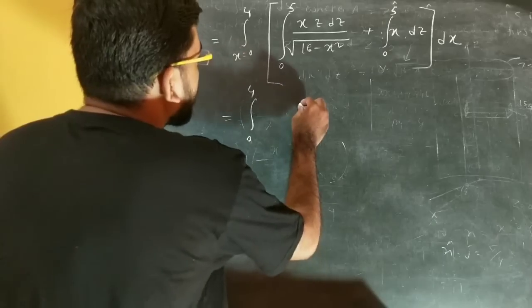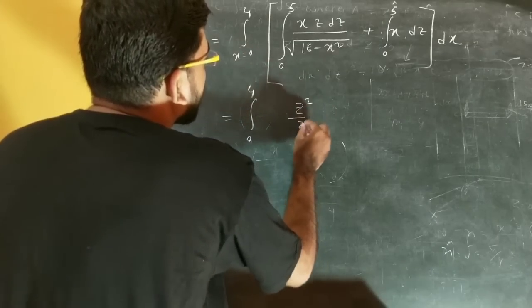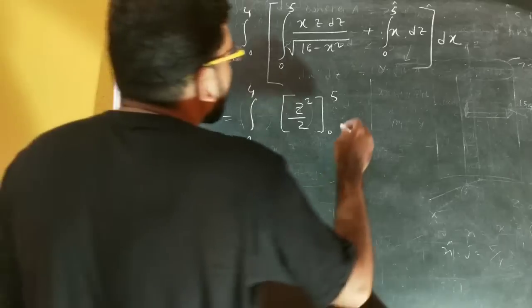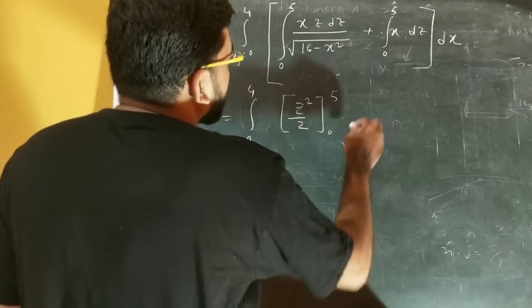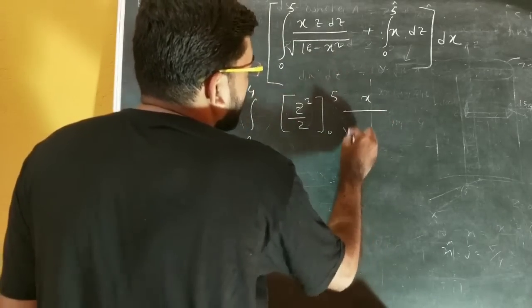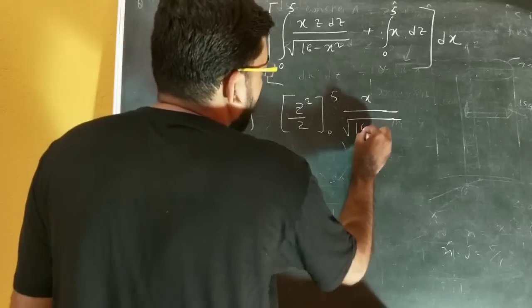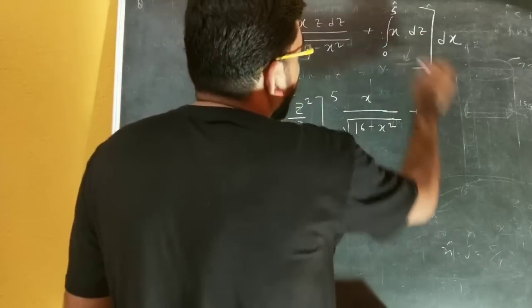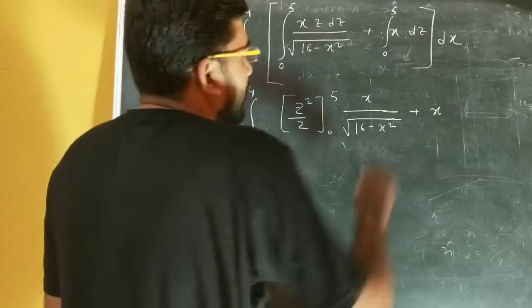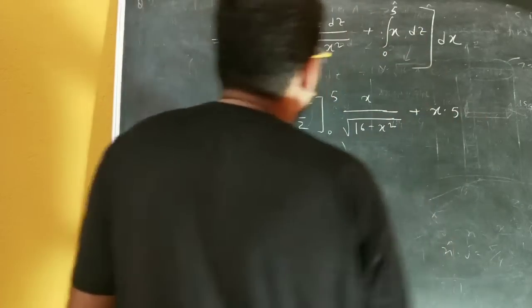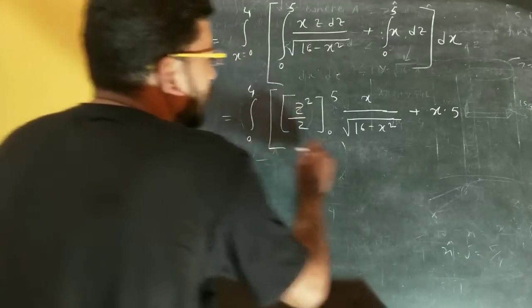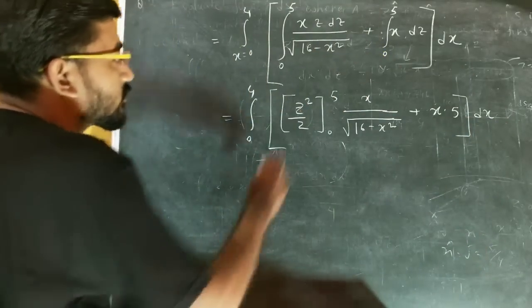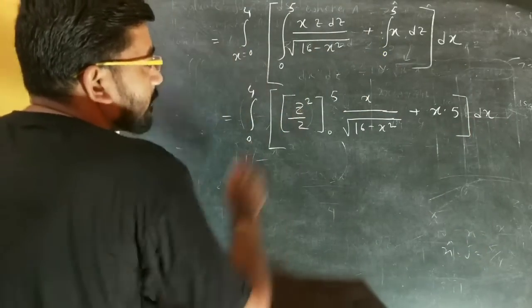So z from 0 to 5 of z square upon 2, and x divided by root 16 minus x square will act as a constant, plus this x will also be treated as constant, and the integration of dz means z, that will be 5. And this will be dx.